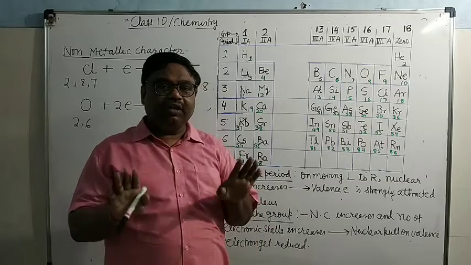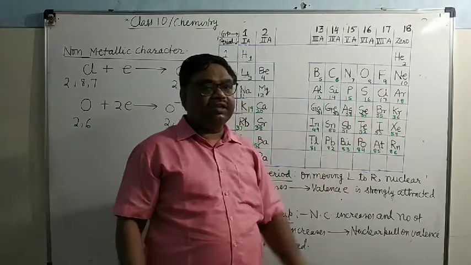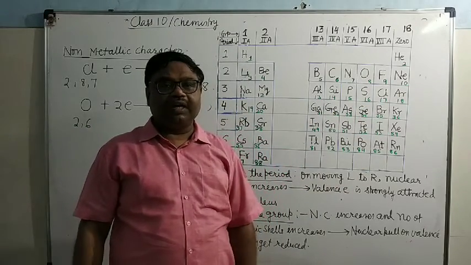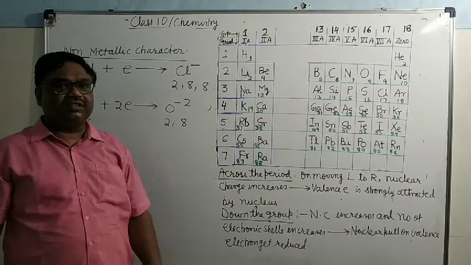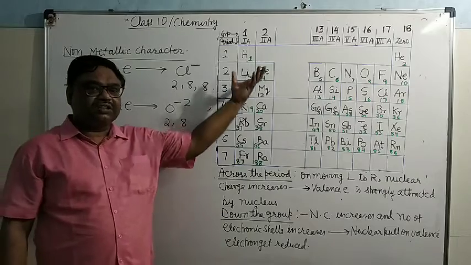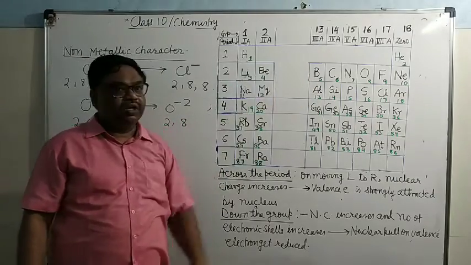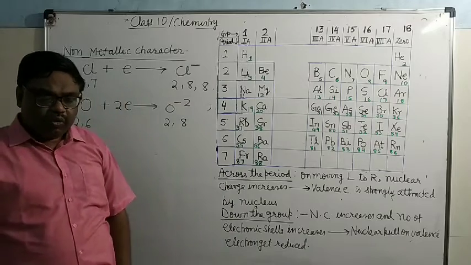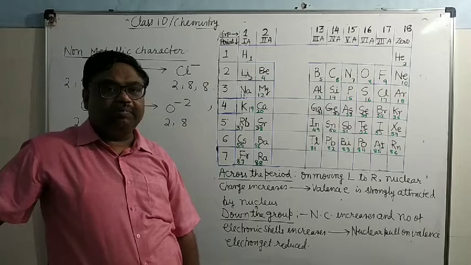But generally we discuss non-metallic character for those elements which are in the right side of the periodic table. It's clear? Because there is no meaning of non-metallic character for these. They are metallic. It's clear? Similarly, metallic character we discuss about these elements which are in this group, in this group, in this group.